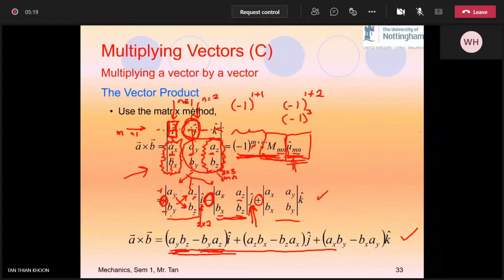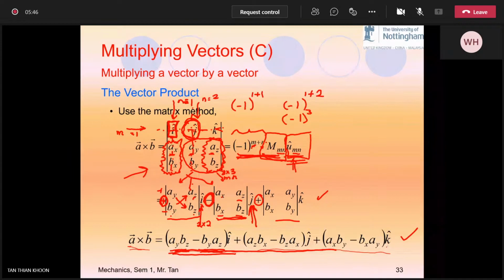Okay, so as I mentioned, today we are going to learn how we can also obtain this A cross B, which means this equation. So this long equation the other day, we already learned how we can obtain it by using this matrix method.